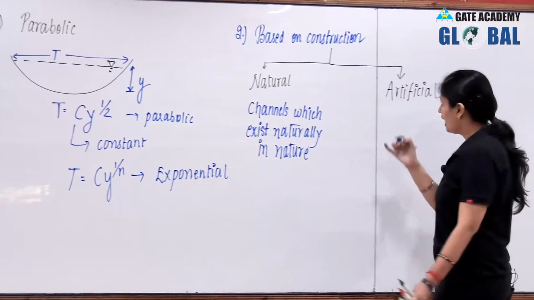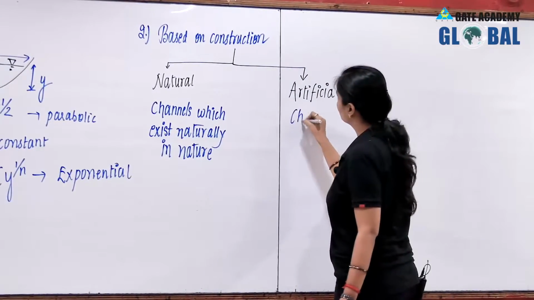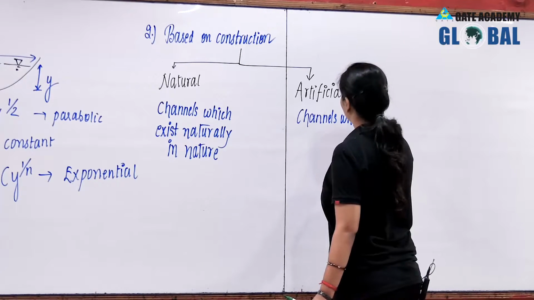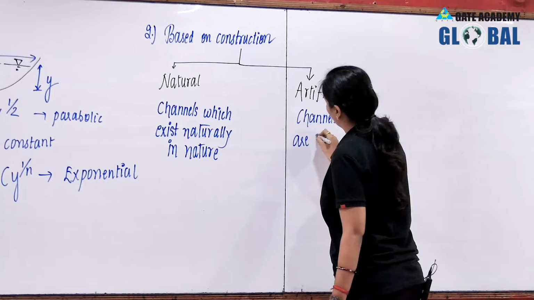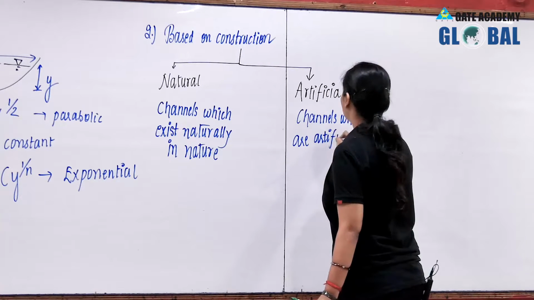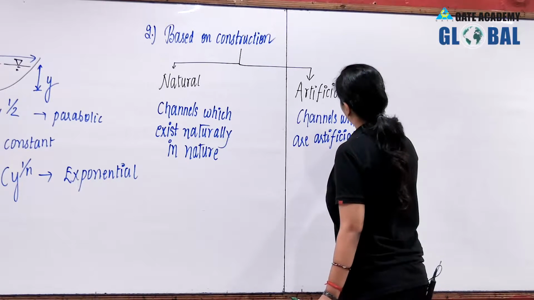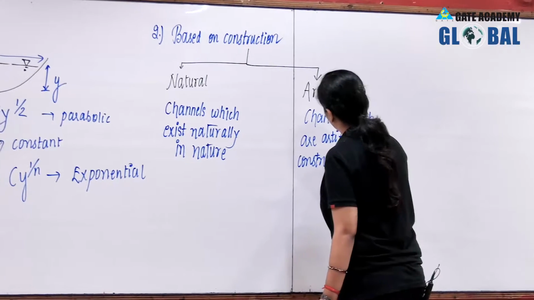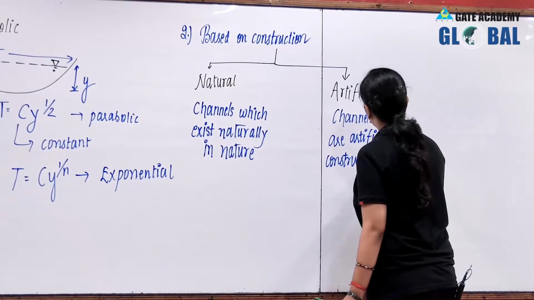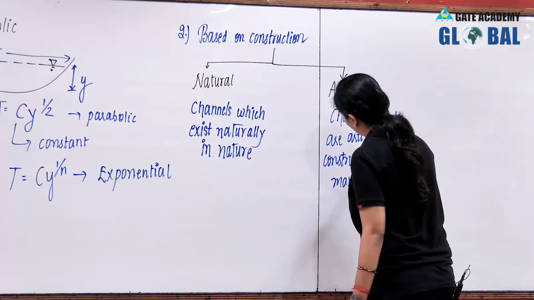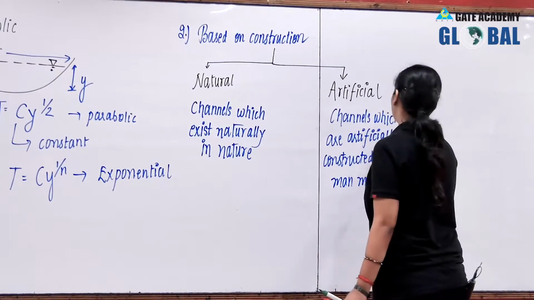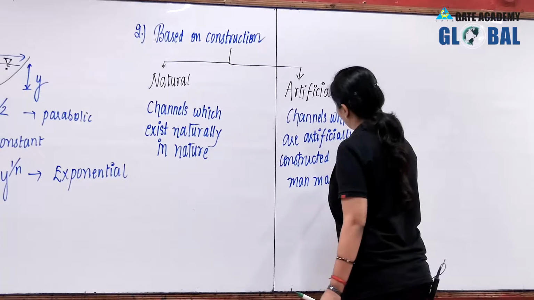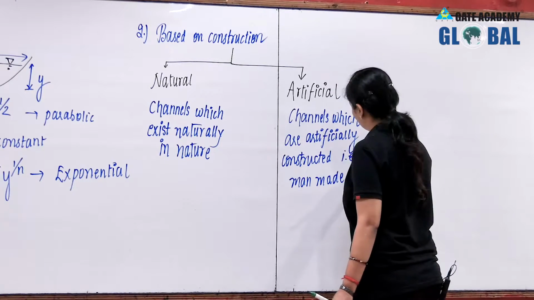And artificial channels are channels which are artificially constructed, that is man-made, constructed by humans, or you can write man-made channels.